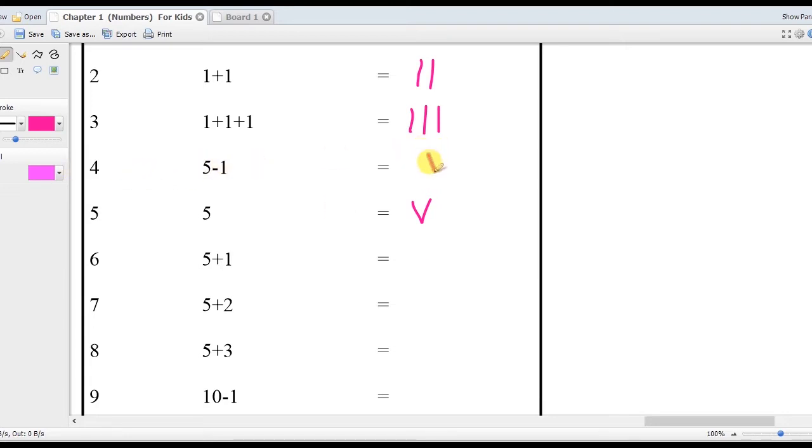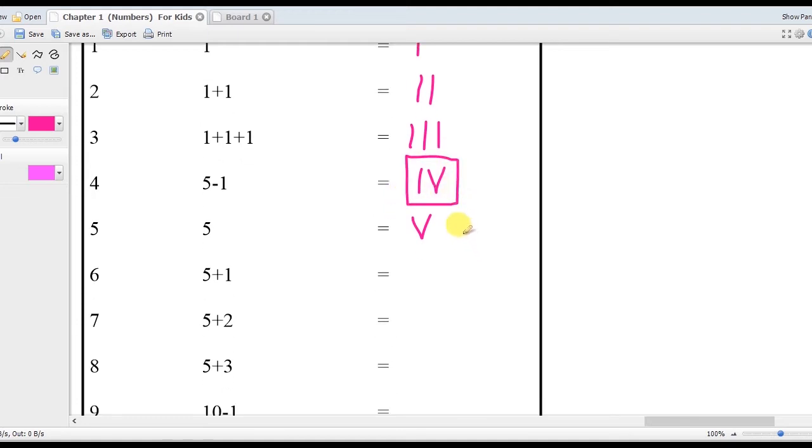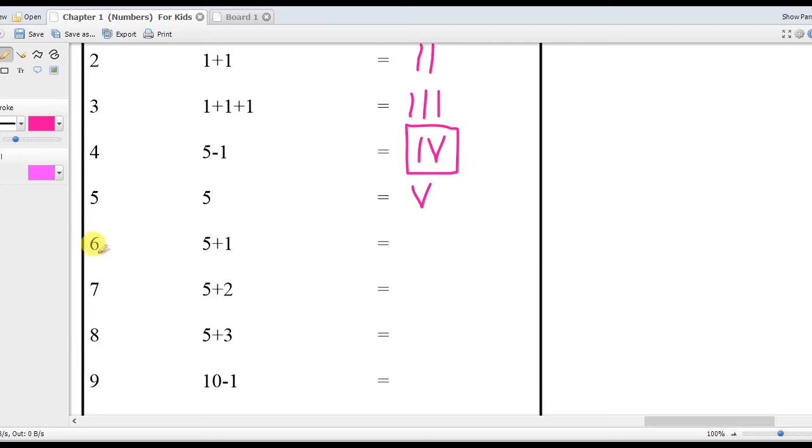So we just write V. Now this is 5, right? Now what is the Roman representation of digit 1? This is I. So write it here, before the V. So 5 take away 1 is 4. This is how you write the number 4 in the Roman form, right?